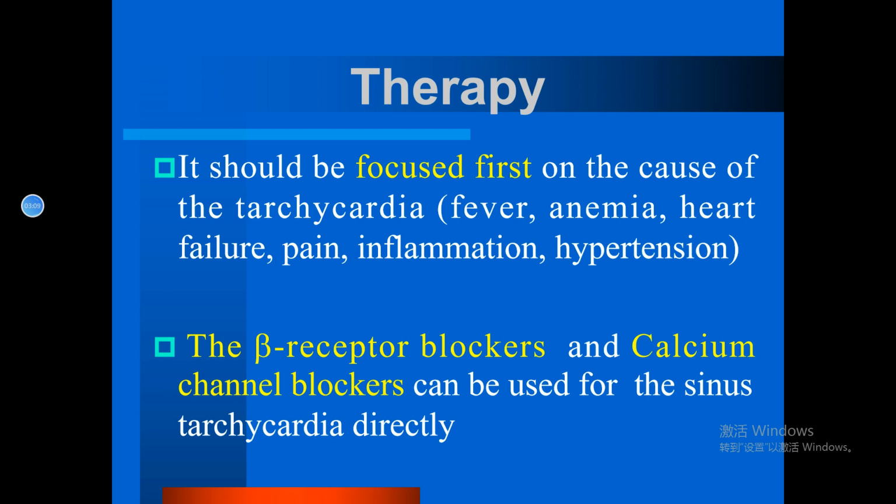Or if the patient has anemia, we should treat the anemia first, including heart failure, inflammation, and hypertension. That means that we should treat the cause of the tachycardia first. So we cannot use a drug to decrease the heart rate only and forget to treat the cause of the tachycardia.